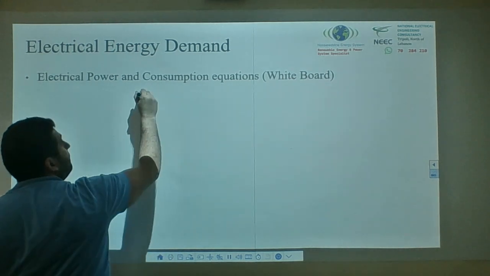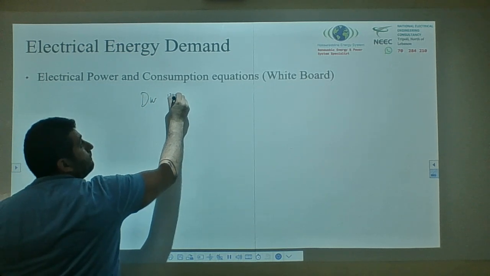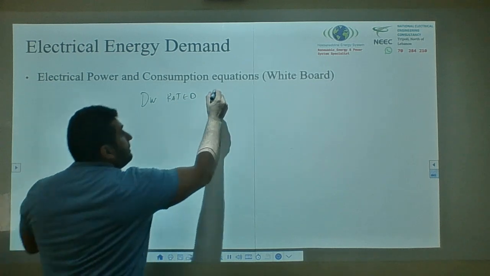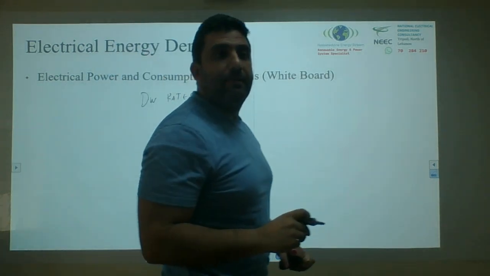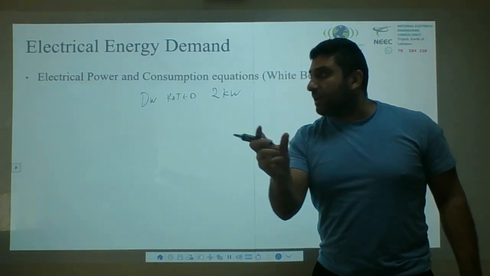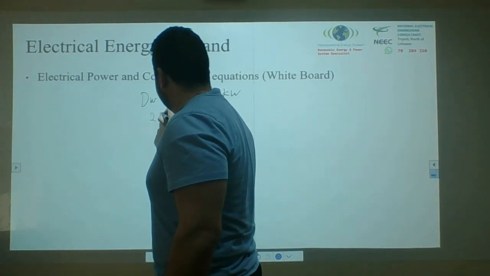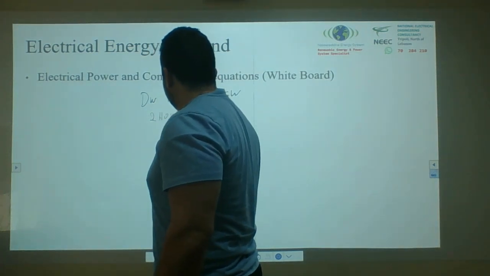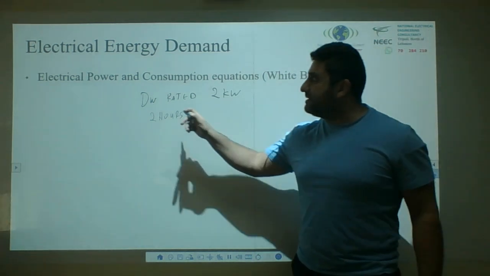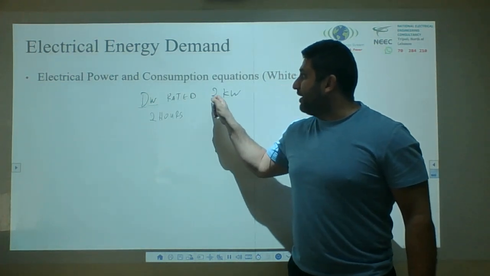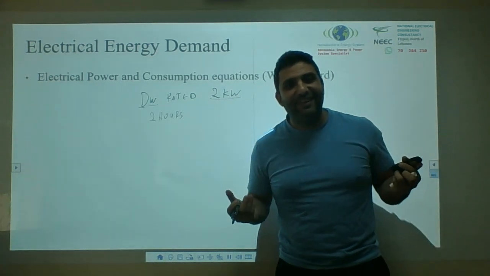I have a dishwasher rated at 2 kilowatt. Every cycle of the washing will take 2 hours. The question is, is this dishwasher running for 2 hours at 2 kilowatt? The answer is no. It will vary.